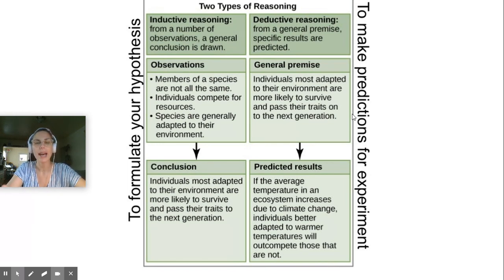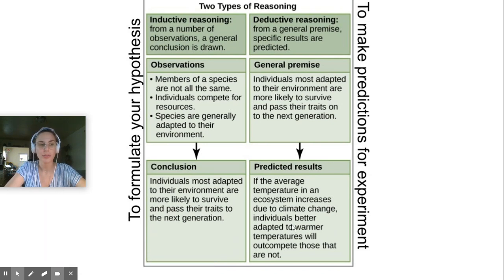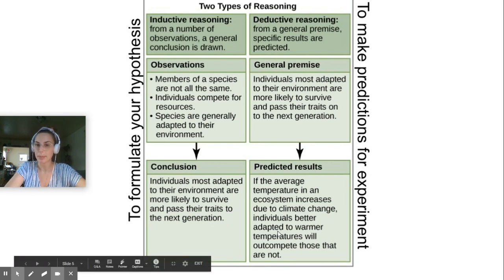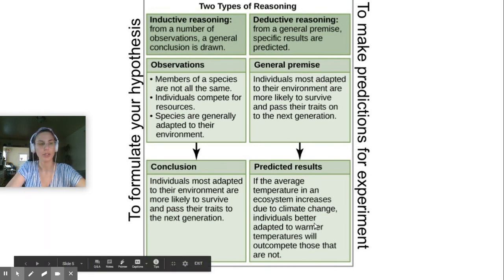From that premise, we are able to deduce and create this hypothetical statement. Through deductive reasoning, we can formulate our if-then-because formatted prediction. So if the average temperature in an ecosystem increases due to climate change, individuals that are better adapted to warm temperatures will outcompete those that are not. We've used some deductive reasoning to come to this conclusion.